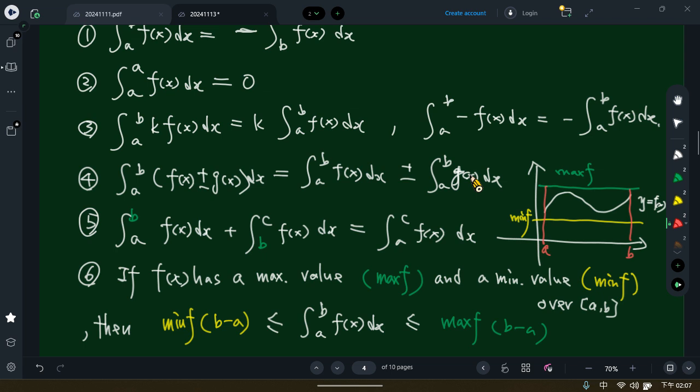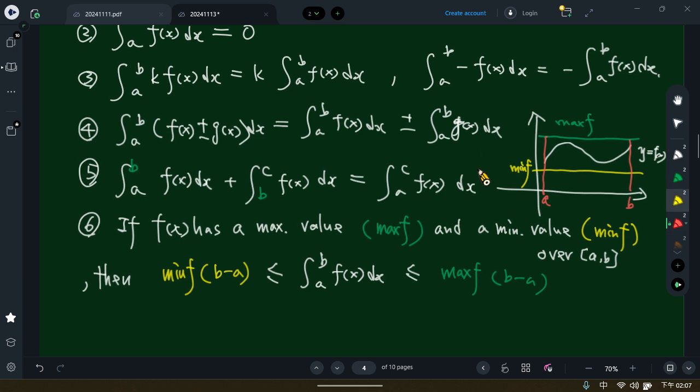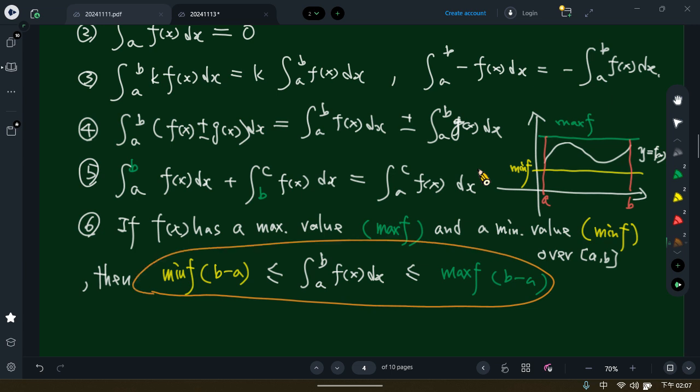Then this part will be the max f times b minus a. So if you want to integrate f of x from a to b, it will just sit in between, right? So that is not that hard to imagine. So you can simply use this one by this one.